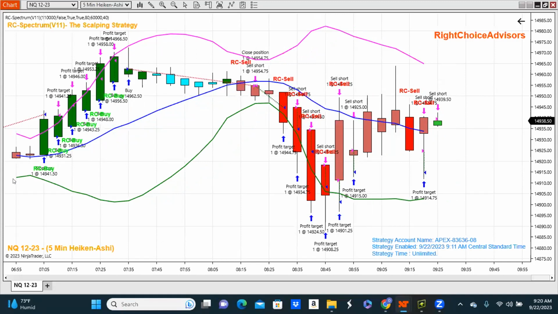It will wait for the confirmation, and if it thinks it is going to the other side, it will take the stop loss and then go long. We don't need to put in any of our thought process. Once we enable it, just leave it to the bot. It will take care of buy or sell or whatever it is.